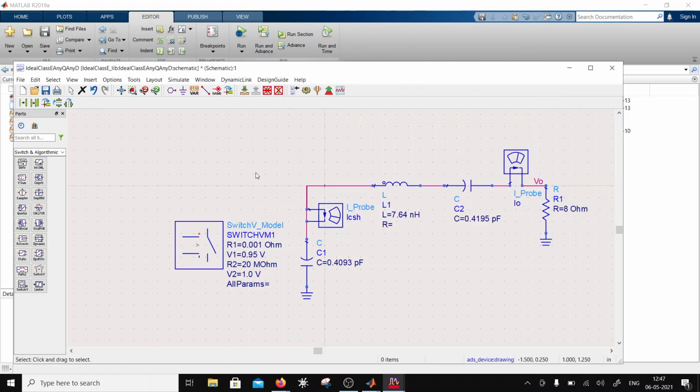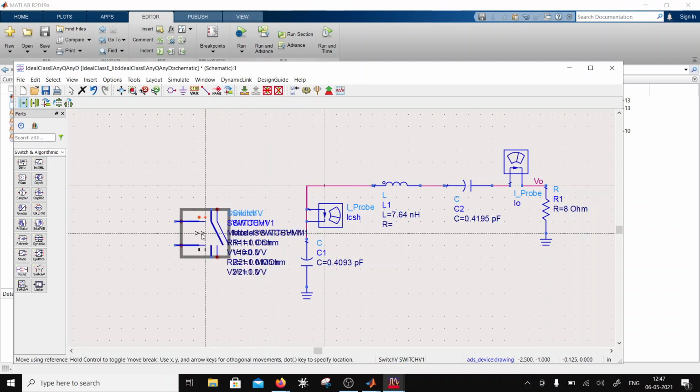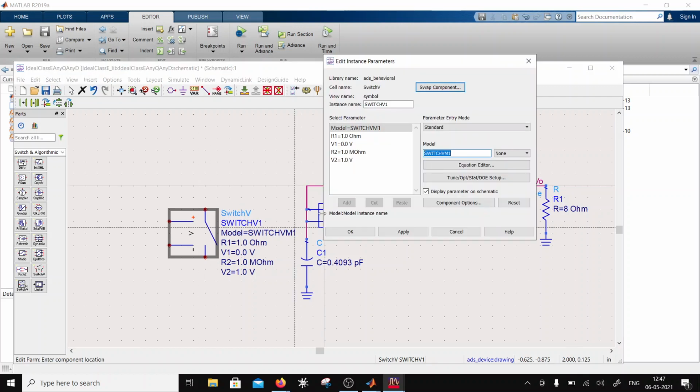Let's try this out. If it works, otherwise we'll swap it. Oh, this is a model, that's why. Where is the component for this one? This is the component. Sorry, I made a mistake here. Fine, so I'm not going to use any model here, so let's remove the model.